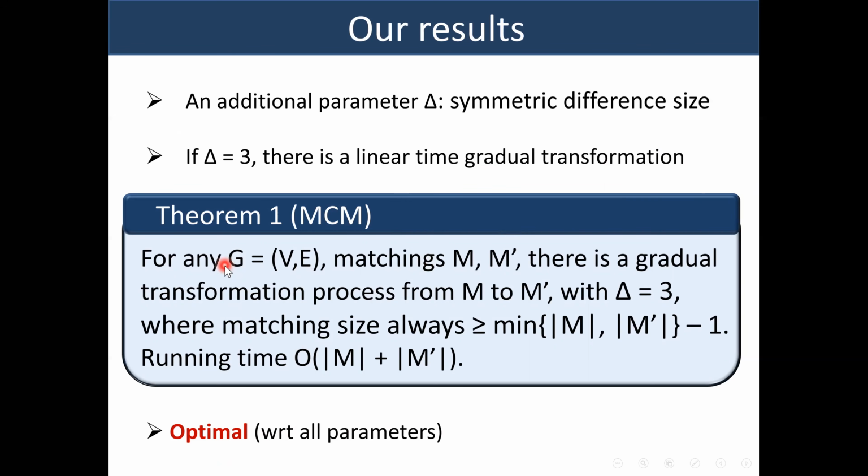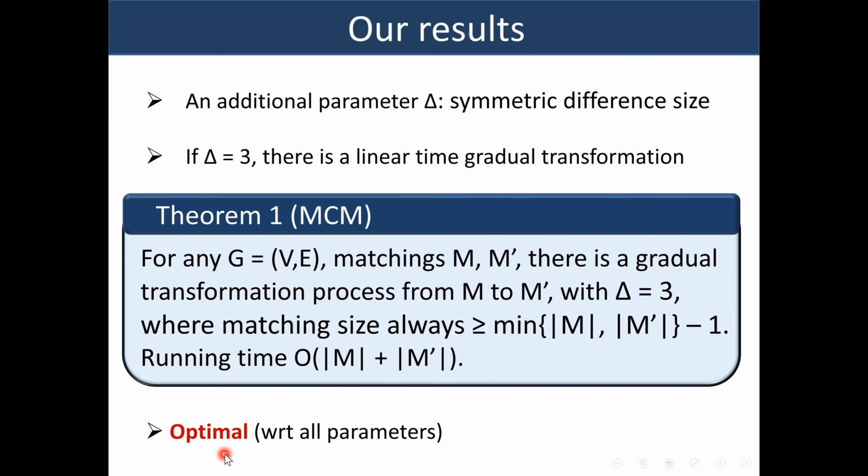Specifically, take any graph G, any source and target matchings, there's always a gradual transformation process for M to M prime, where you're allowed to make at most three edge changes to the output matching, where the matching size never goes below this threshold. So we still have this -1, this is inevitable. The running time of this transformation is linear in the sizes of the matchings.